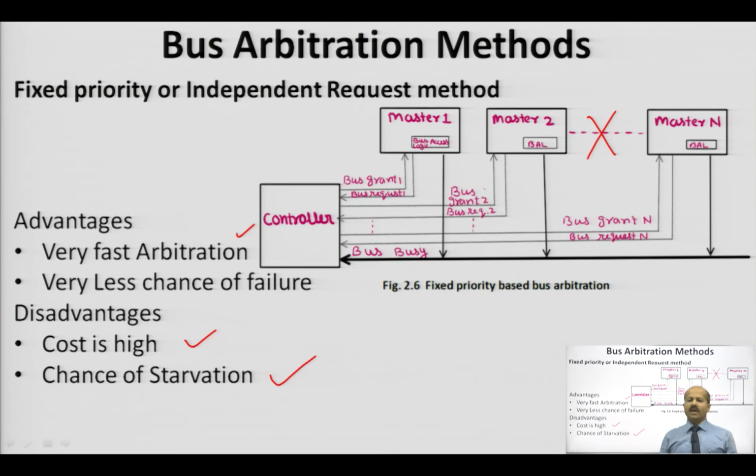So, that is the condition of starvation that may arise in this case. However, it is faster and the chance of failure is very low.